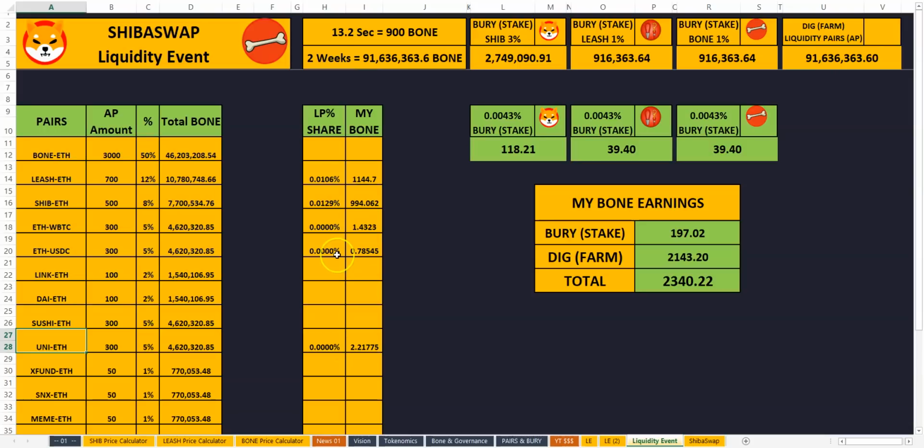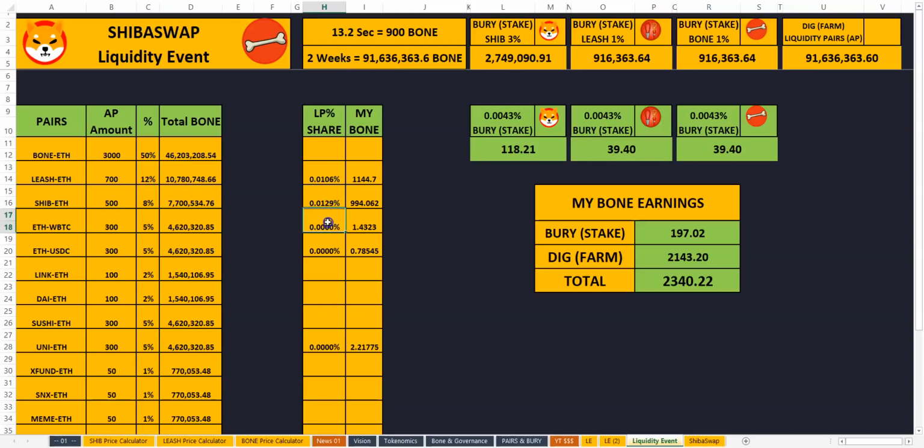I just have very small amounts because I wanted to test out what it is all about. And in those pairs which I created in Uniswap, my share of the pool is currently 1% in Uniswap.